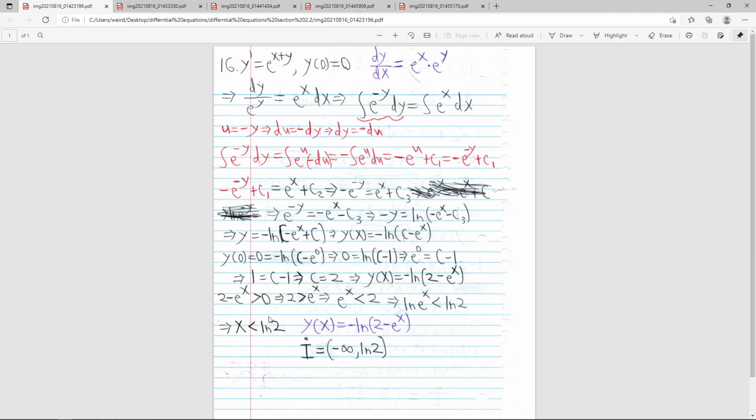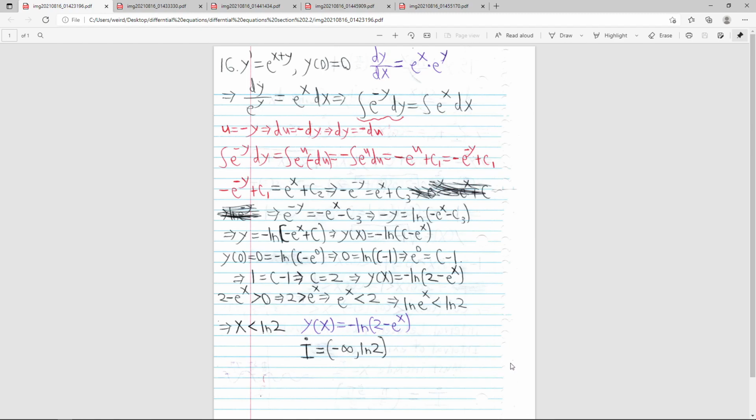And 2 minus e to the x absolutely has to be positive. Unlike a square root, you can't have natural log of 0 or negative. So this is absolutely a positive number, greater than 0. So you add e to the x, so 2 is greater than e to the x, and we flip it around because we want to solve for x, so e to the x is less than 2. Take the natural log of both sides, and you get x less than ln 2.